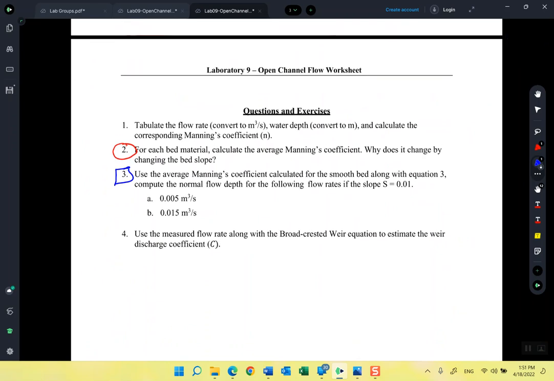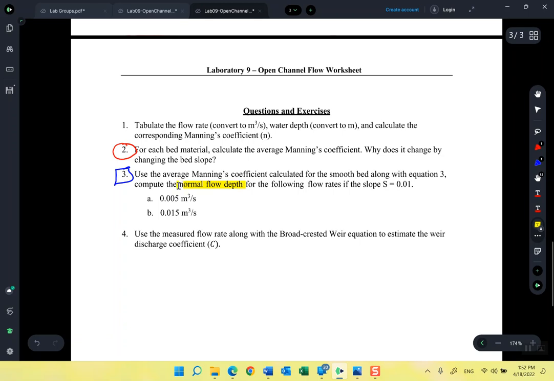So the only question that is left here is question number 3, and actually this is the main objective of this experiment, or in general of the Manning equation, which is to calculate the normal flow depth.